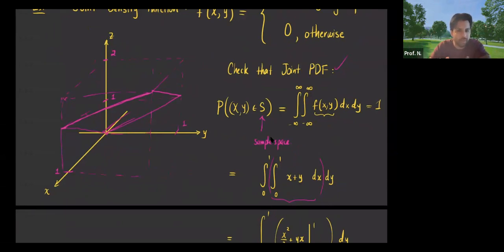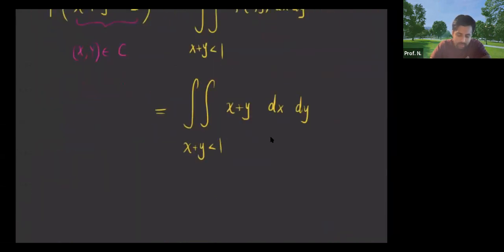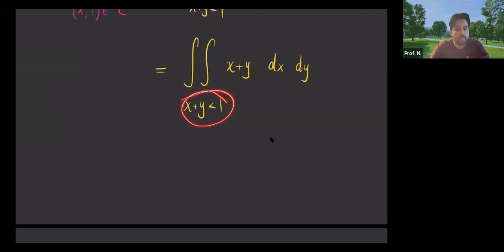More geometry involved. The question though is, what is this? How do you interpret x plus y less than 1?